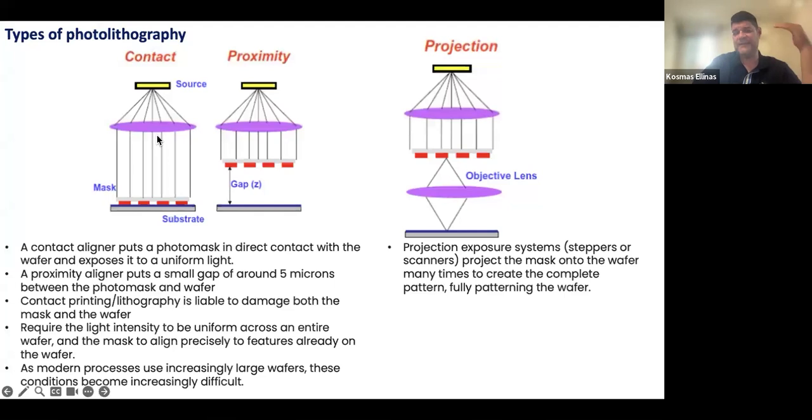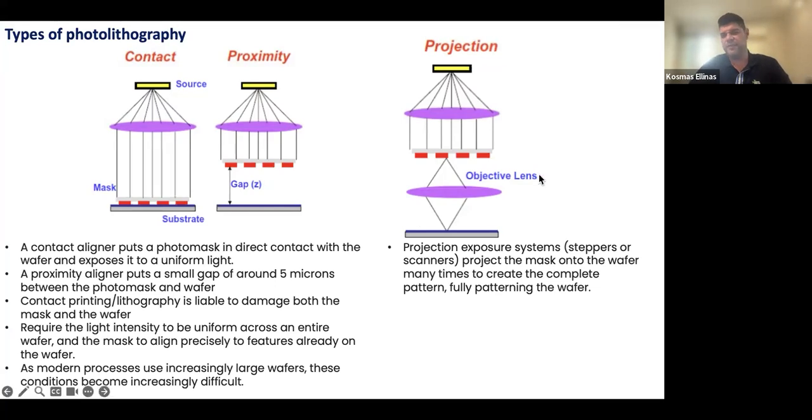In the contact type of photolithography, we have some serious drawbacks, because when you have a mechanical contact between the mask and the substrate, you might scratch the mask or you might scratch the substrate, and these scratches can be important if we speak about small size features. And this is the main reason that projection photolithography has now passed into the production of microchips.